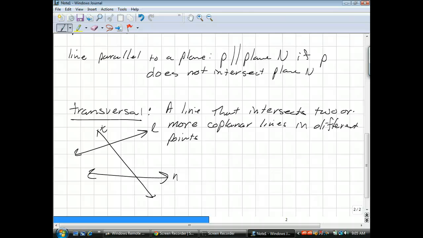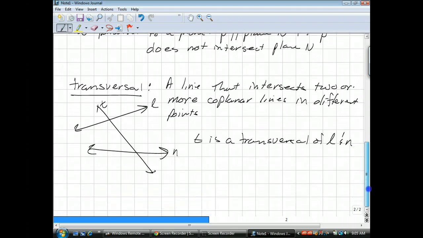So we would say T is a transversal of lines L and N. Notice that the line has to intersect at different points.